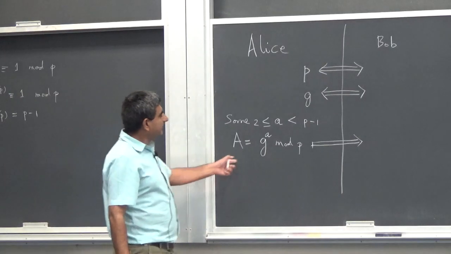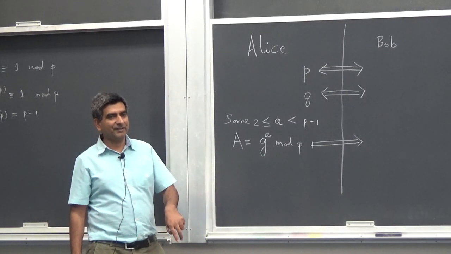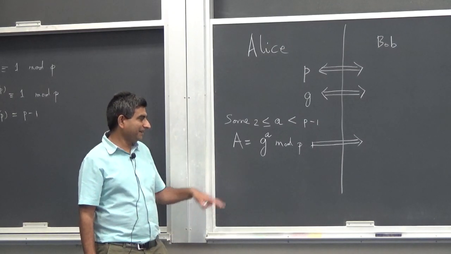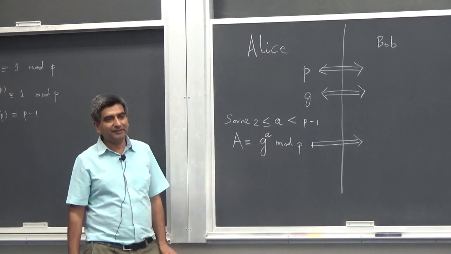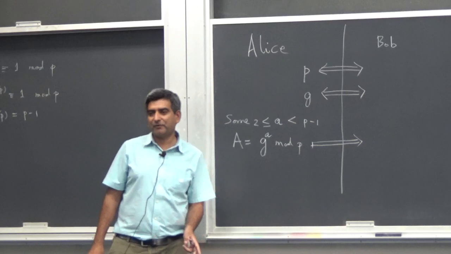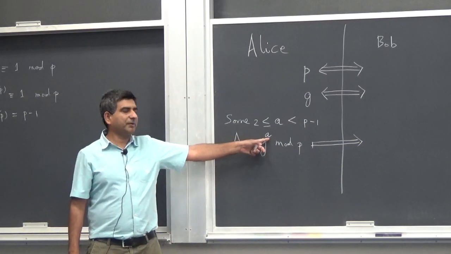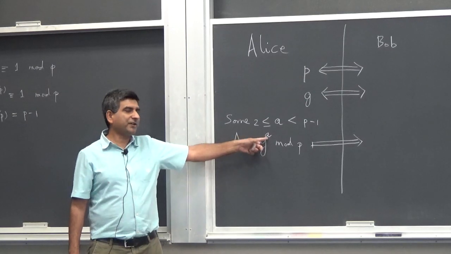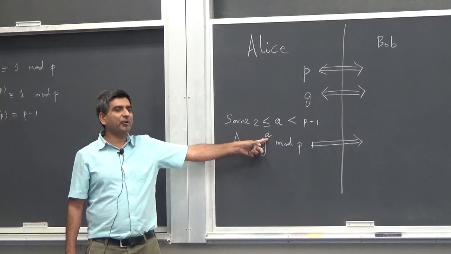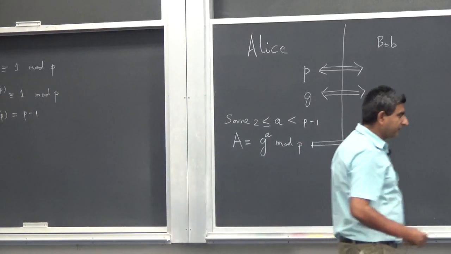Now when Bob receives this message, which might have been intercepted, Bob receives capital A, but he doesn't know small a because he has no idea what small a is. So from capital A, it's not impossible, it's really hard to determine small a, because the process of finding small a from capital A is called the act of discrete logarithm.